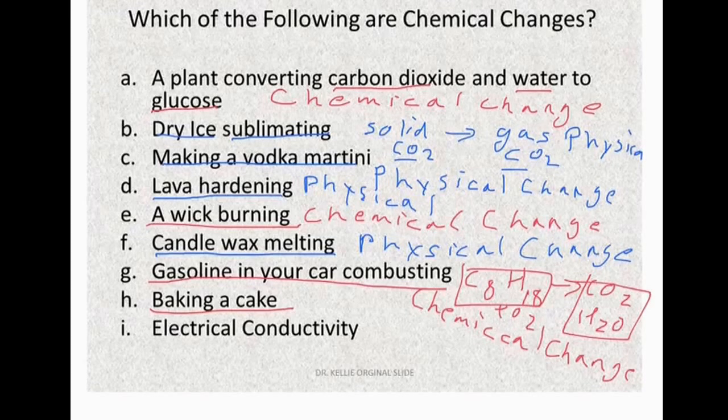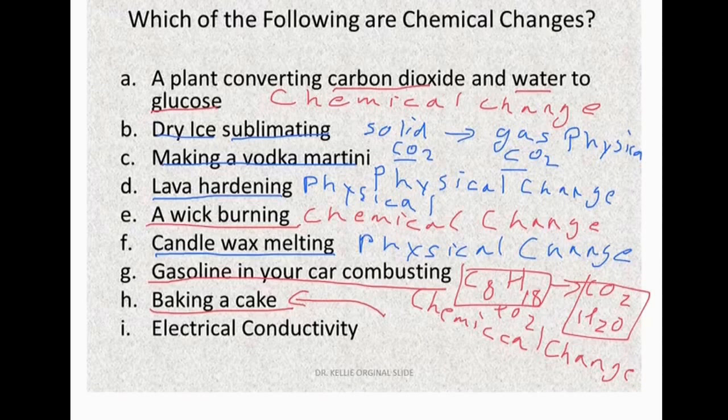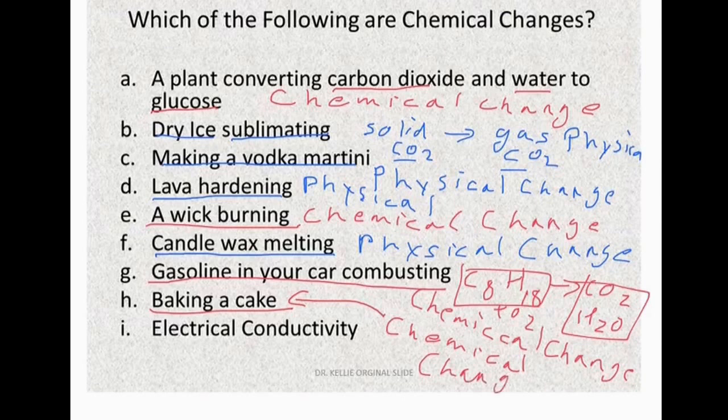As the yeast eat the actual sugar and starches in your cake, they poof out carbon dioxide into your cake batter, which causes it to rise. Rise! Rise! Whoa! So that's a chemical change too.